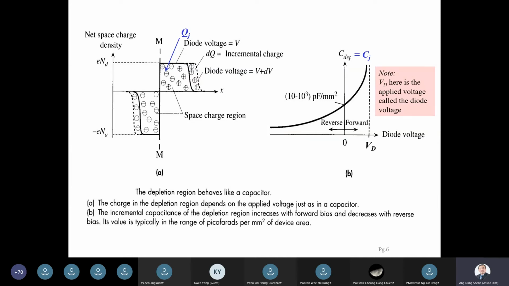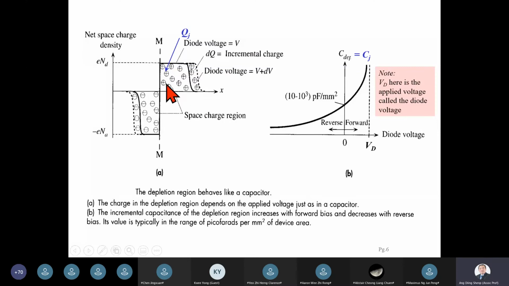One of the major differences is that the junction capacitance is not constant, but it varies with the voltage you apply across the PN junction. Now, how does this work out? Essentially, when you change the voltage across the PN junction, you change the width of the depletion region.